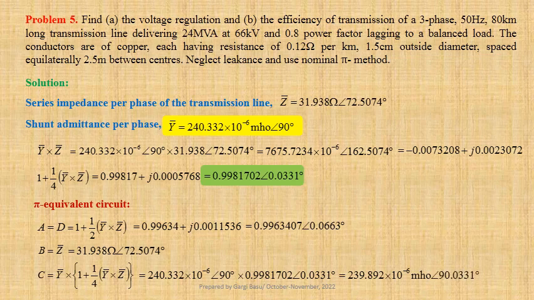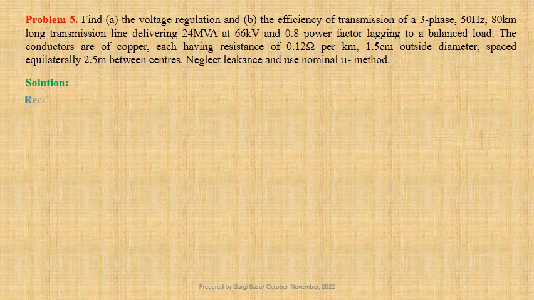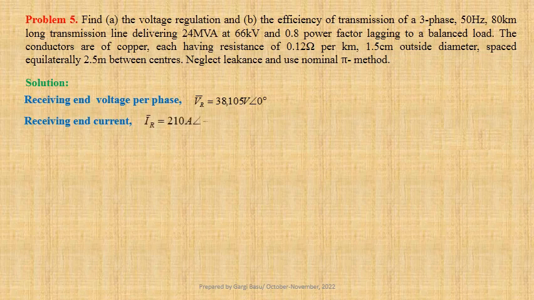Taking receiving end voltage per phase as reference, we can write VR equals 38,105 volts at an angle 0 degree. We have computed receiving end current IR equals 210 ampere at an angle minus 36.8699 degree.